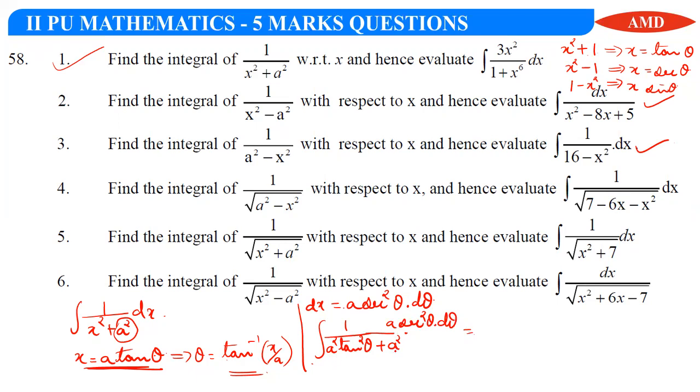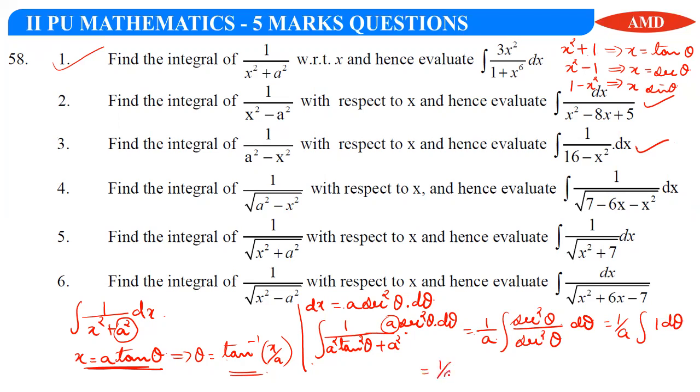in the denominator a square is common. If you take it out, it gets cancelled with the a in the numerator. So still 1 a will remain in the denominator, into integral of secant square theta divided by tan square theta plus 1, which becomes again secant square theta, into d theta. That is equal to 1 by a integral of 1 with respect to theta.